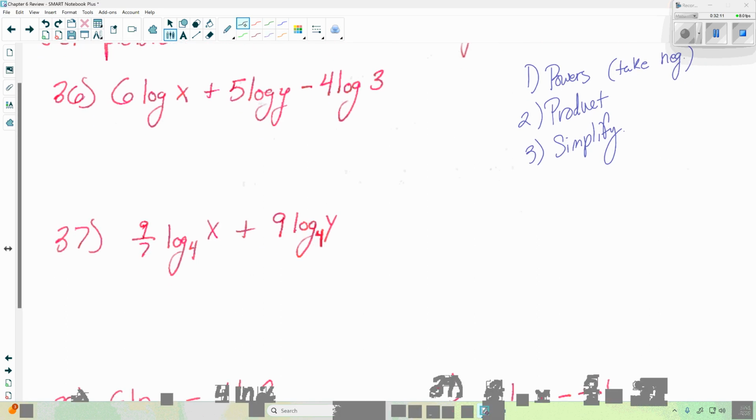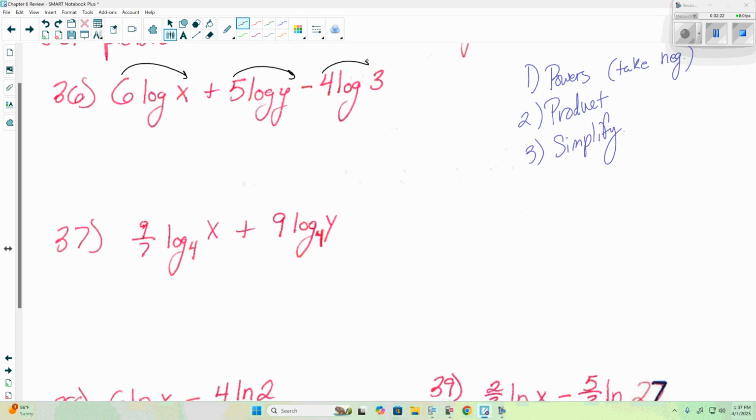So if we look at 36, 6 log of x plus 5 log of y minus 4 log of 3. First thing we're going to do is move our numbers back up into the exponents. So 6 log of x is going to become log of x to the 6.